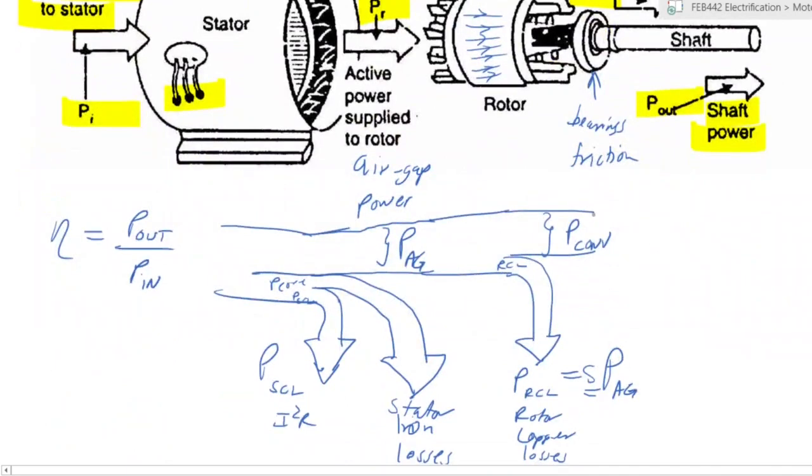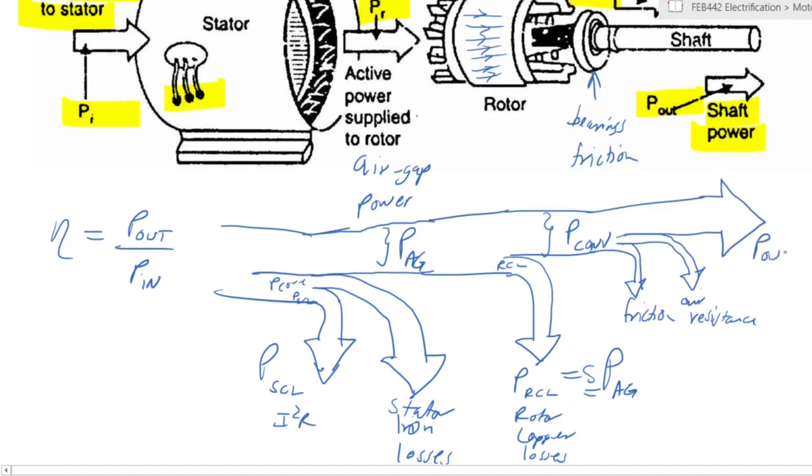In our diagram, we have friction, and we also have windage, so the air resistance. But ultimately, what we are left with is your output power, your shaft power.